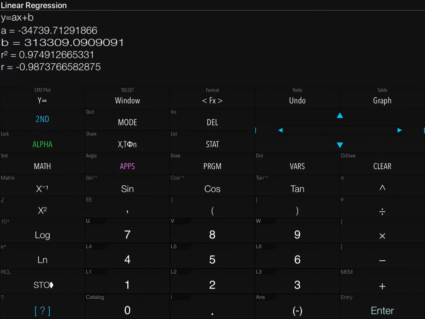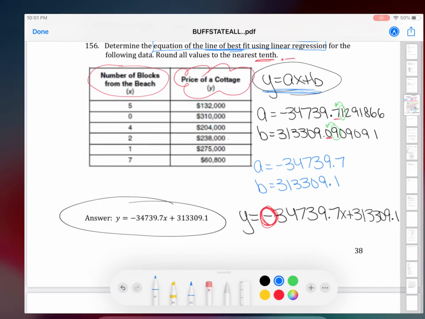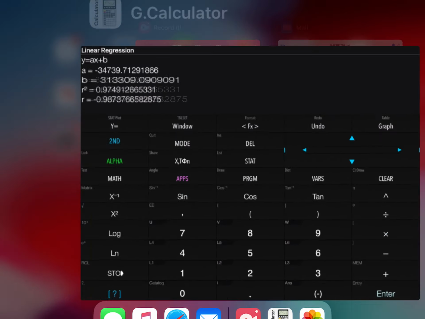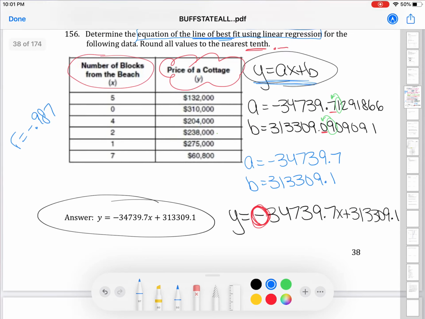Something else I'm going to go over really quick is the R value. If you look at R for this one, it's negative 0.987. I know it didn't ask for it, but just to go over that concept again, the two words that would describe this correlation coefficient would be negative, because it's a negative number.